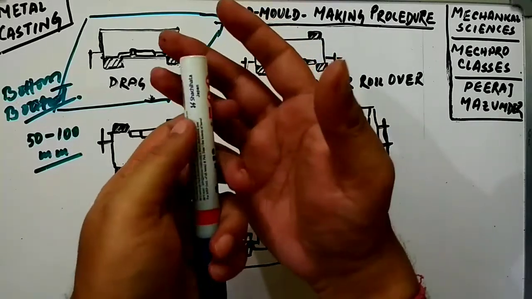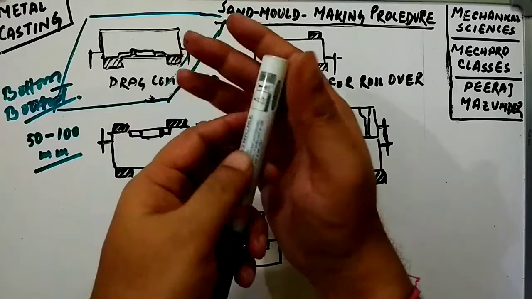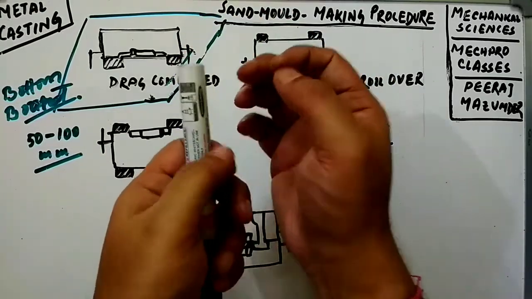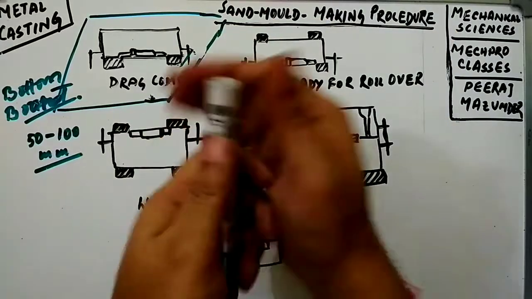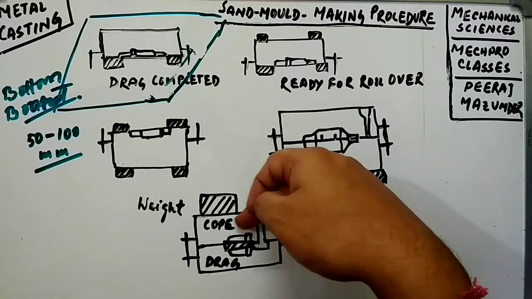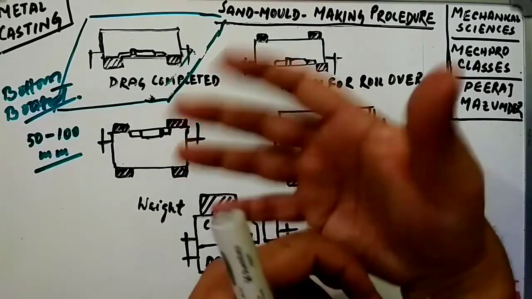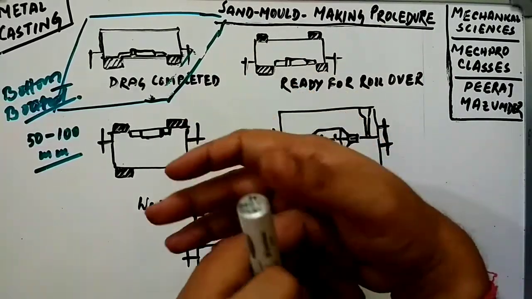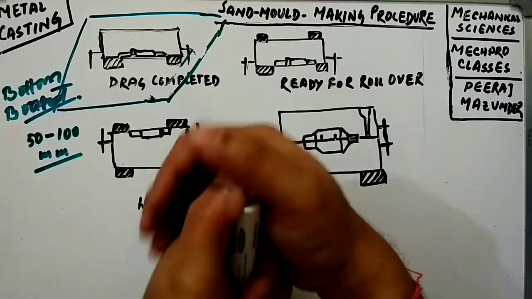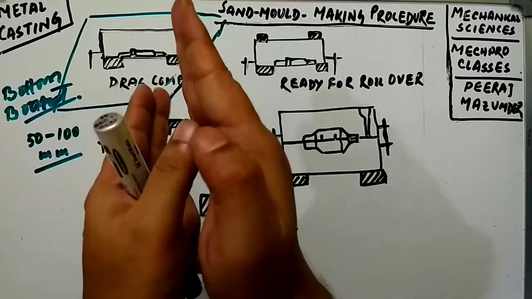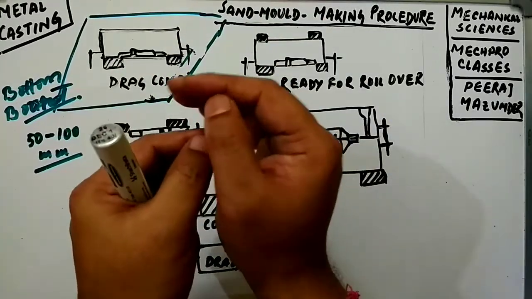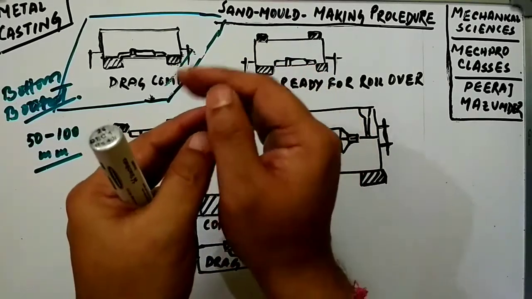be very unhealthy for the casting, because it will not allow the escape of gases. I already mentioned that when you put in highly molten metal at high temperature, it will require some escape routes for the gases that it produces. So you have to ram in such a way that it is not too hard or too loose.